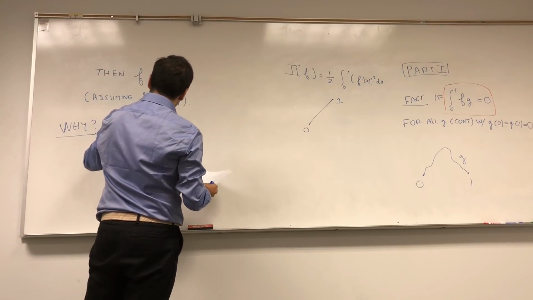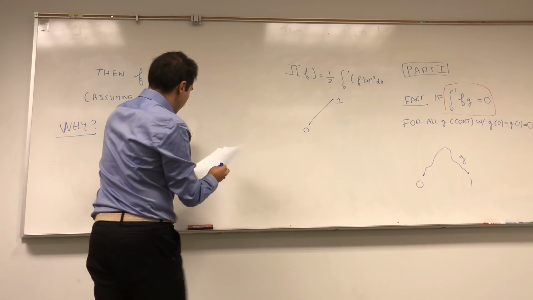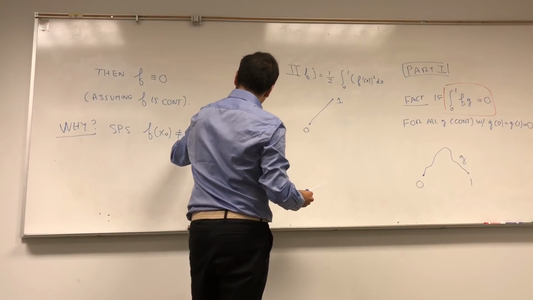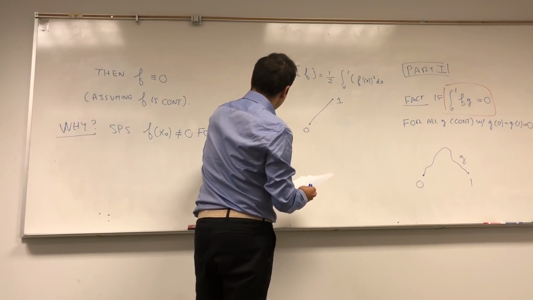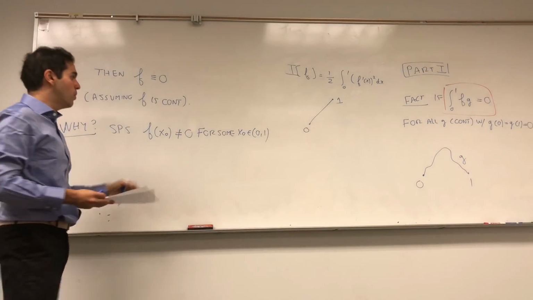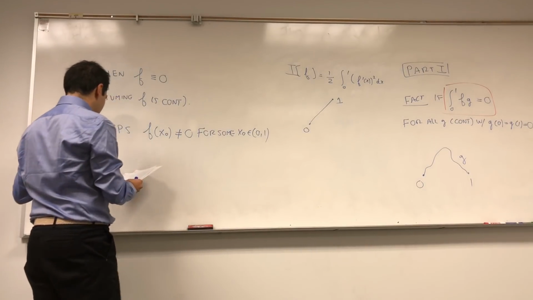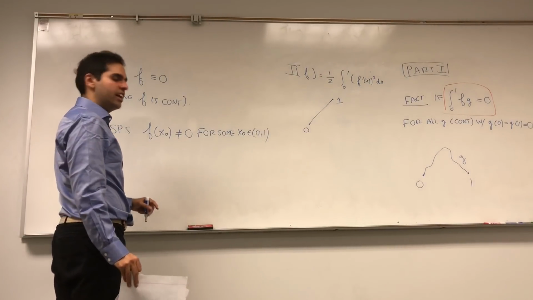Suppose f is non-zero for some x naught, x naught in the interval 0, 1. I'll talk about the endpoints in a second. Okay. Then, if it's non-zero, it's either positive or negative.